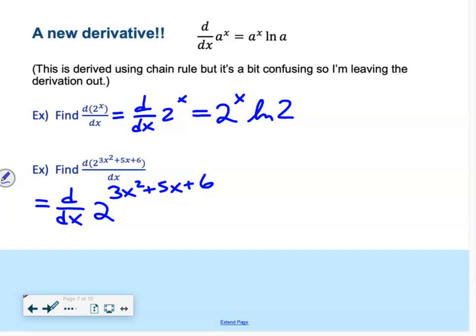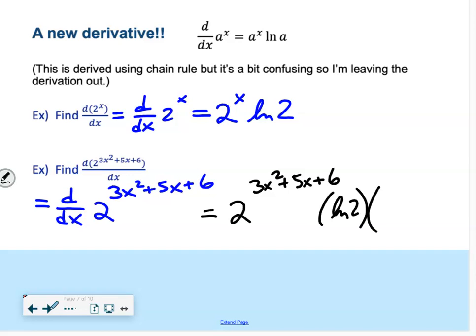So the derivative is 2 to the 3x squared plus 5x plus 6, keep the guts the same, times ln 2. Now we have to multiply by the derivative of the guts, which is 6x plus 5. And this whole big thing, that's the derivative.